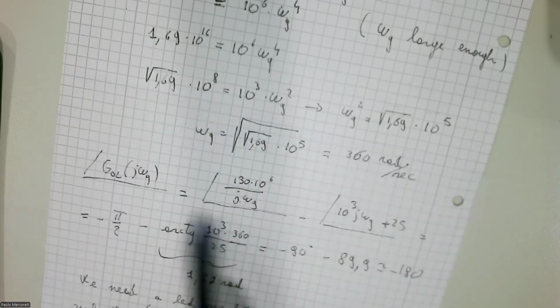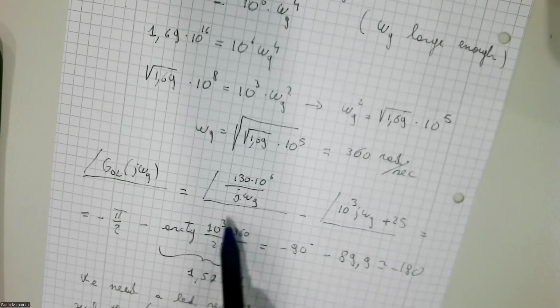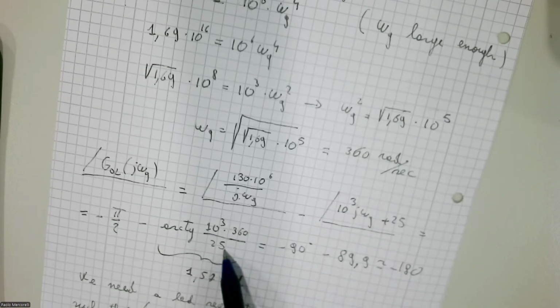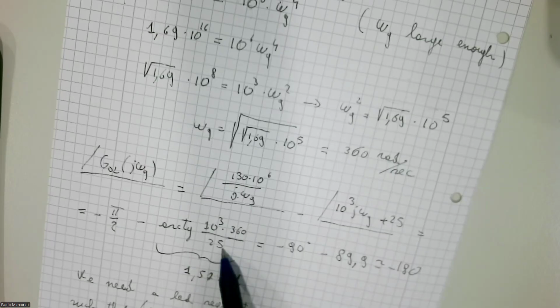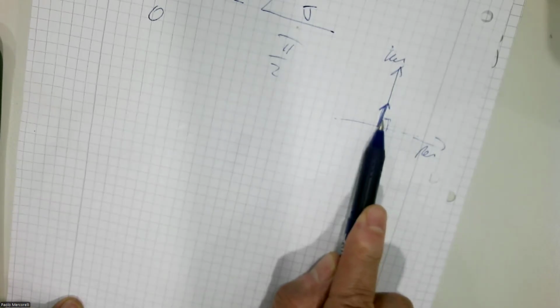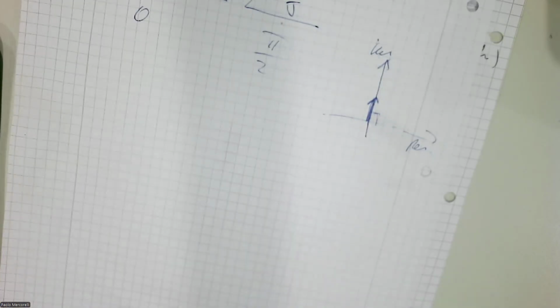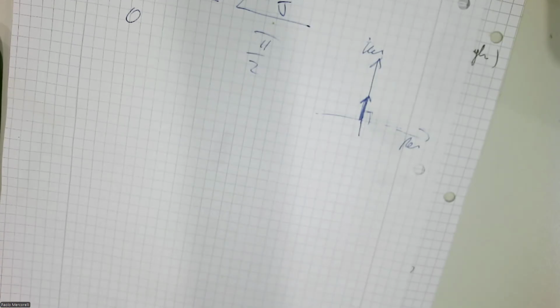Then why this one? Because I have to calculate the phase of this. It's the arctangent of the imaginary part divided by the real part. You remember the phase of a complex number. Here we can say theoretically, why is this pi divided by 2? Because it's the phase of the imaginary part divided by the real part. But the real part here tends to 0, and then the arctangent is pi divided by 2.